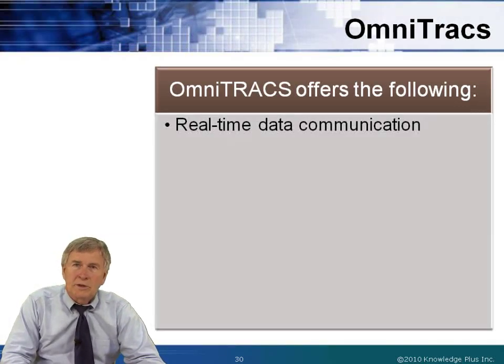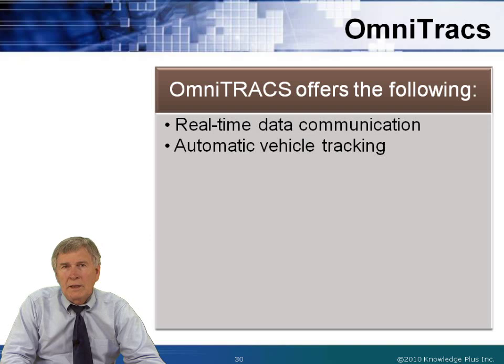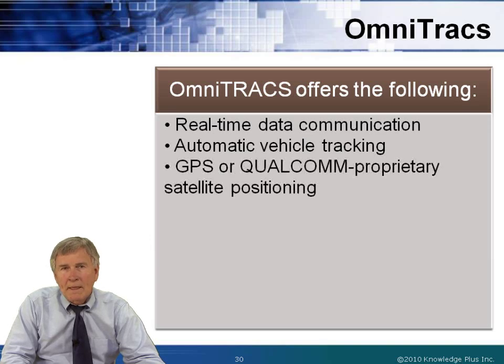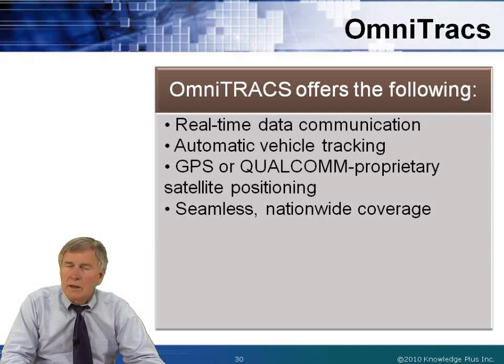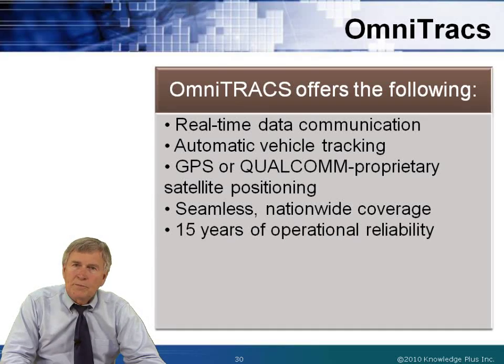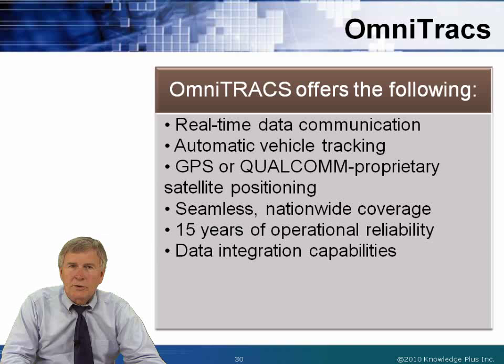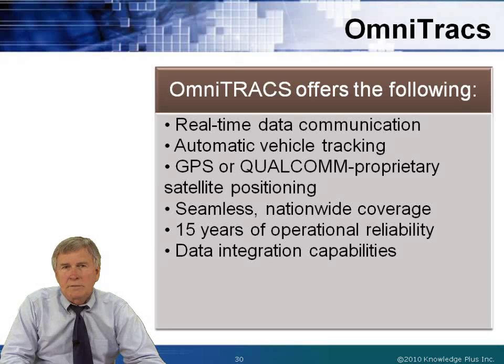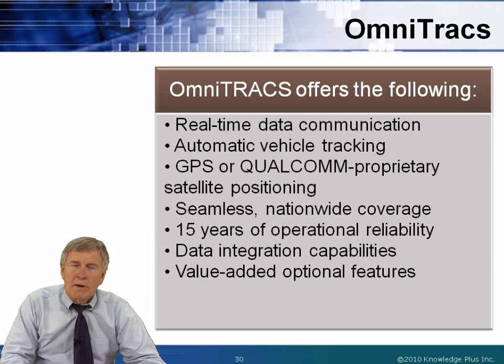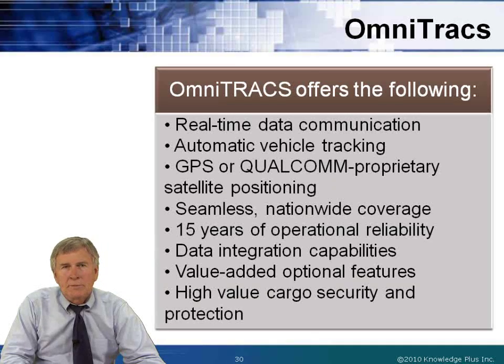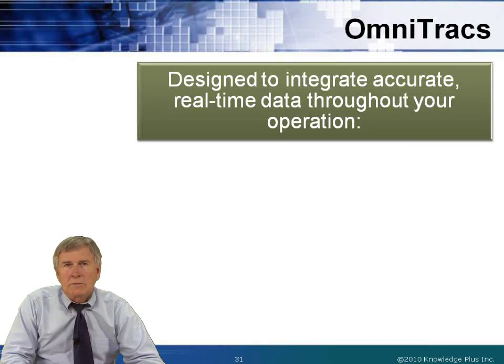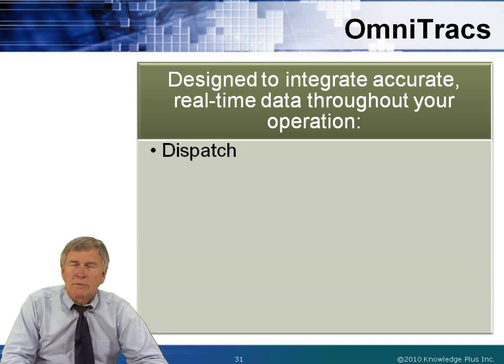OmniTRACS is another application here, real-time vehicle tracking, GPS or Qualcomm proprietary positioning system, and national coverage. Been in operation a number of years and may offer some features that are important to you, especially if vehicles are a large part of your business. So, OmniTRACS is designed to integrate accurate real-time tracking information.